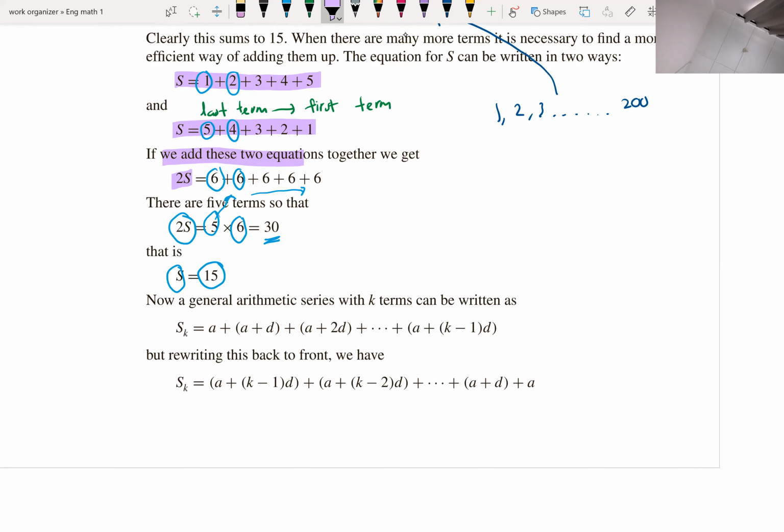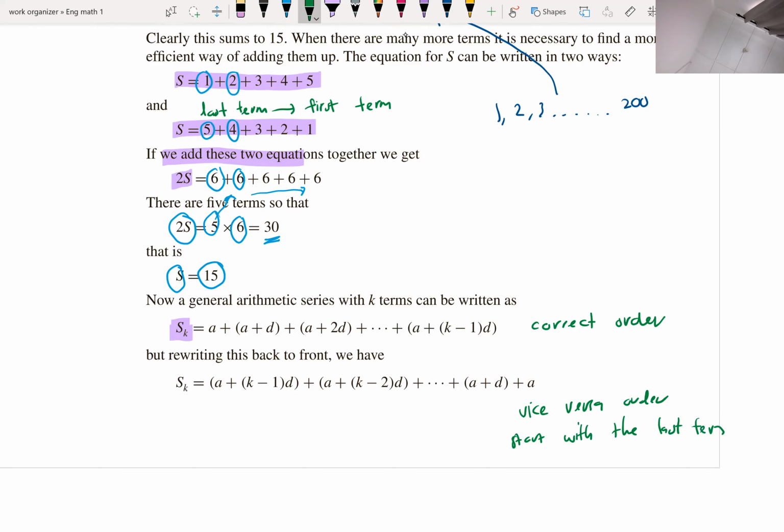This is the correct order, and this is the vice versa order, the order where it starts with the last term.